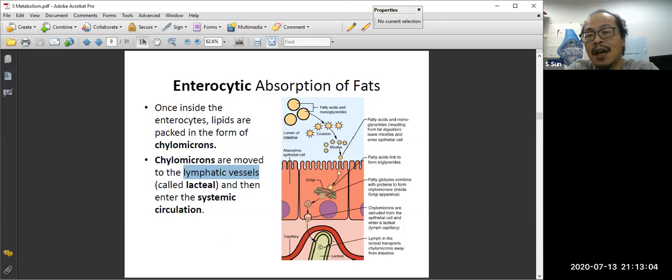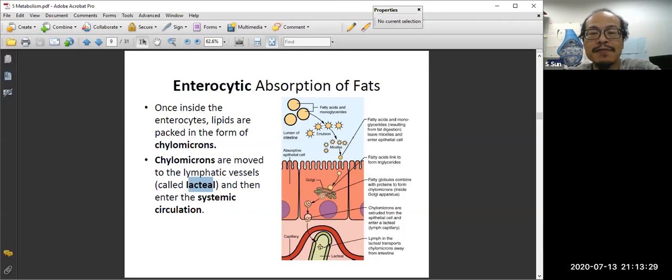So this is in our small intestine. In our small intestine, we have a very rich vascular system. And this lymphatic vessel in the small intestine has a special name, called lacteal, right here, lacteal. So this is a lymphatic vessel.